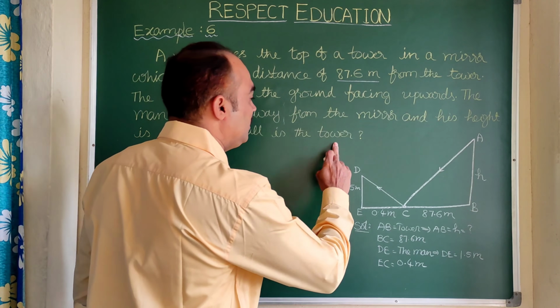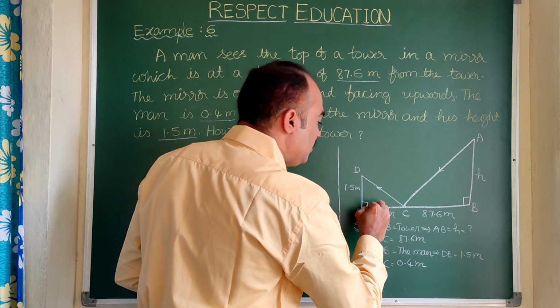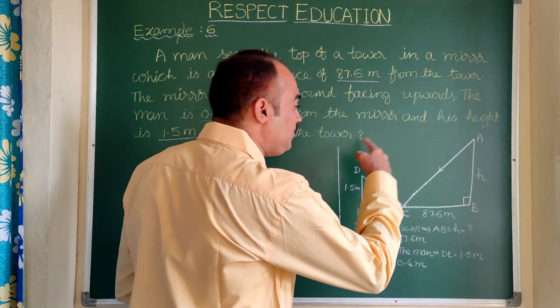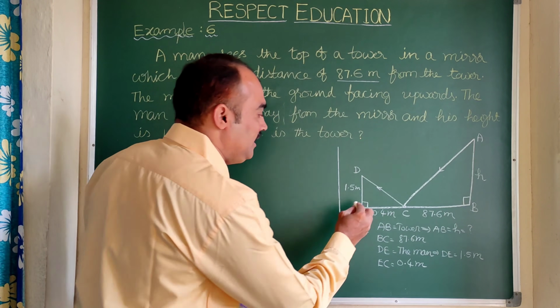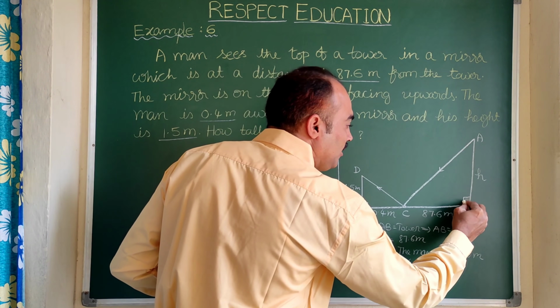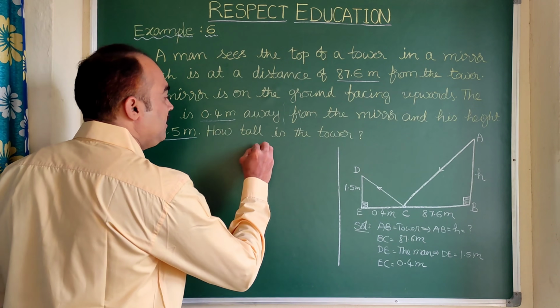If you observe carefully, the tower and the man both are perpendicular to the earth. Then only they are able to stand on the earth. So from this triangle angle E, and from this triangle angle B, both indicate 90 degrees. So let us write the same.